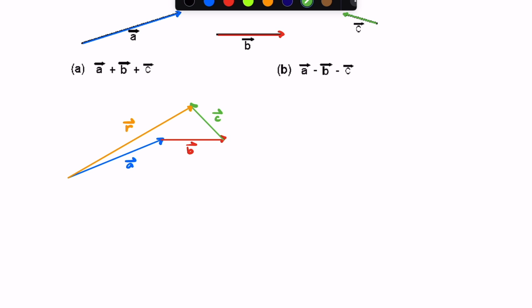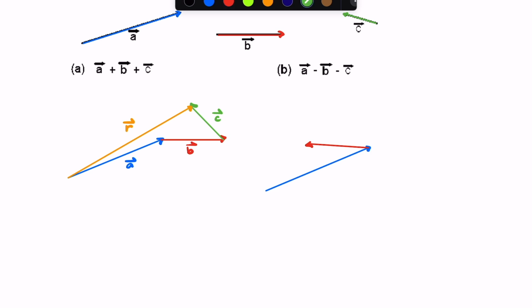Okay, in the second one, it's telling us to show, again, vector A minus vector B minus vector C. Okay, so here we draw vector A again. This time we are looking at negative vector B. So instead of going from left to right, it's going from right to left.